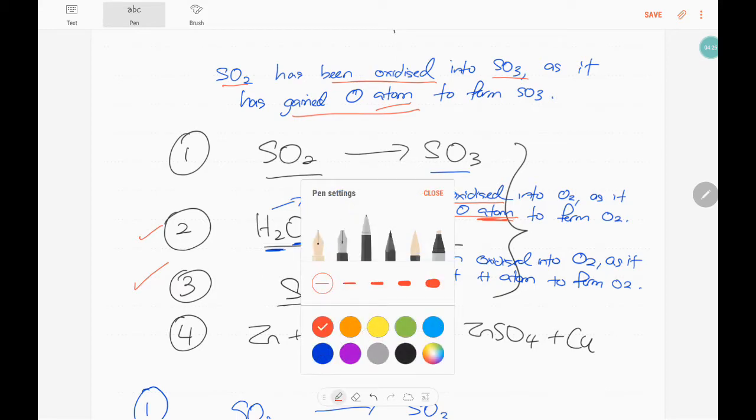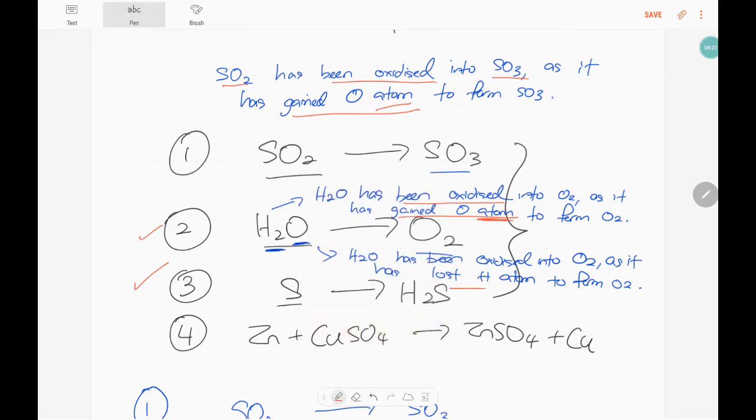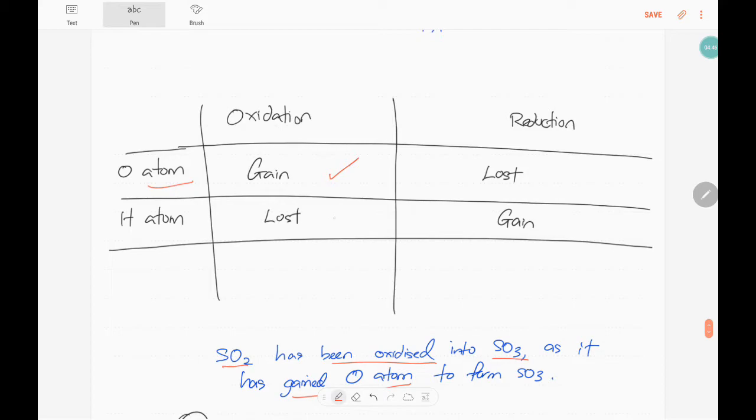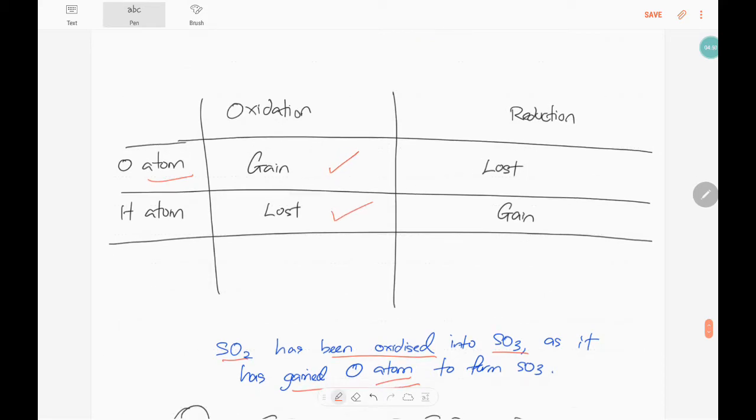You realize that I'm using a separate definition, losing of hydrogen atom, as over here you can see H2O has lost hydrogen atom. Again, do not mention how many, just say losing of hydrogen atom. And by definition, when you lose hydrogen atom, you're also being oxidized. So losing of hydrogen atom is also oxidation. So whichever definition you use, you would get the same conclusion, right?